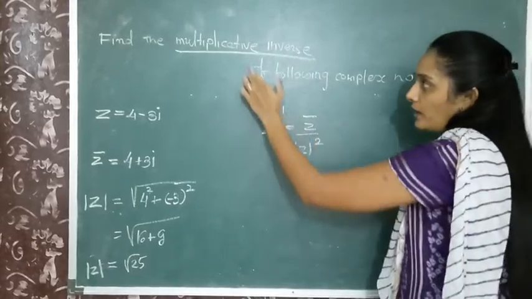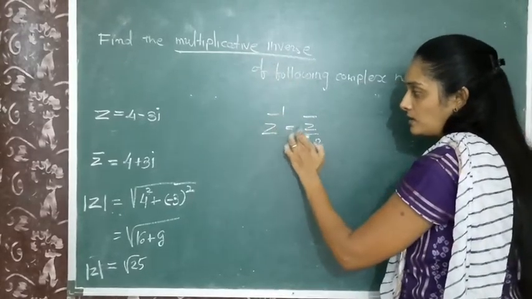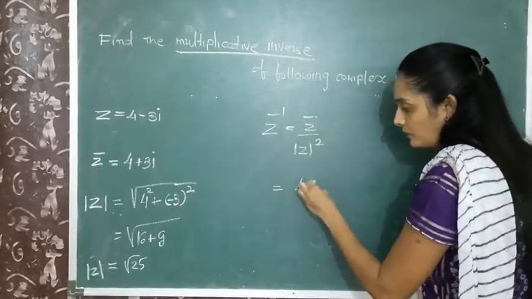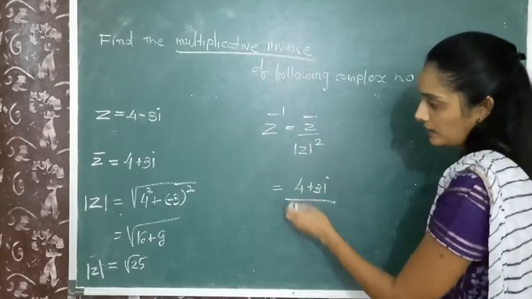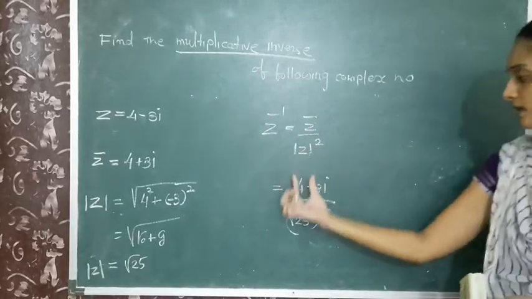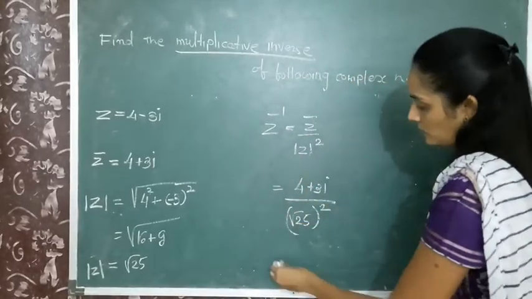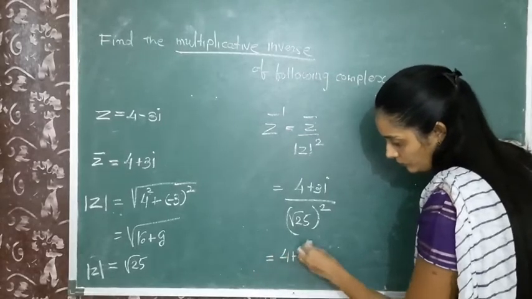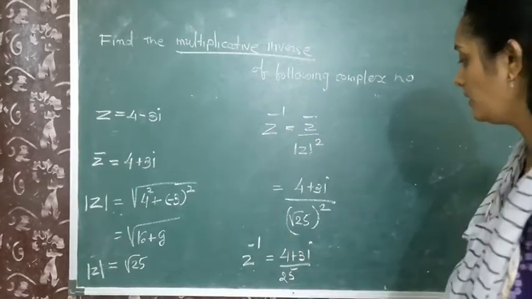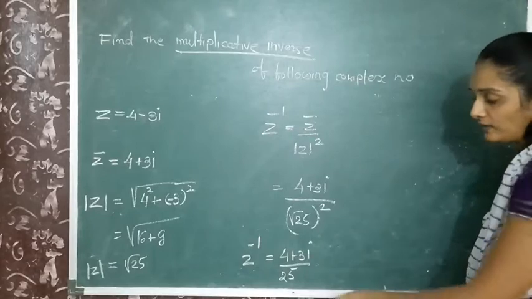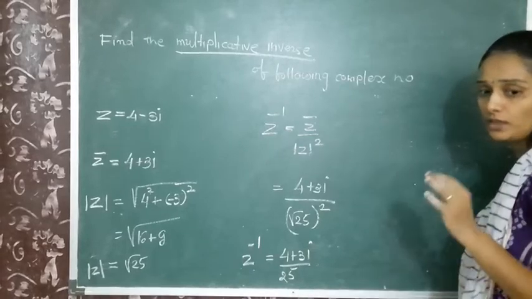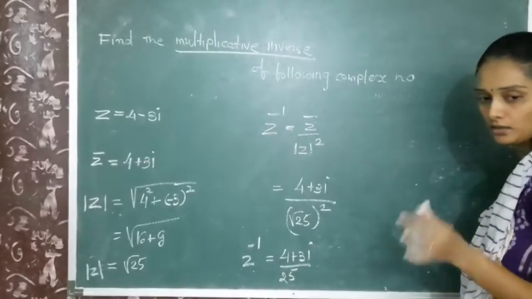Now we have to find the multiplicative inverse. So Z inverse is equal to Z bar upon modulus of Z square. Z bar is 4 plus 3i, and modulus of Z is 25, whole square. So this is our Z inverse. Now, here we don't take the conjugate again. Here the denominator is a real number, this is not a complex number, so we don't need to take the conjugate.